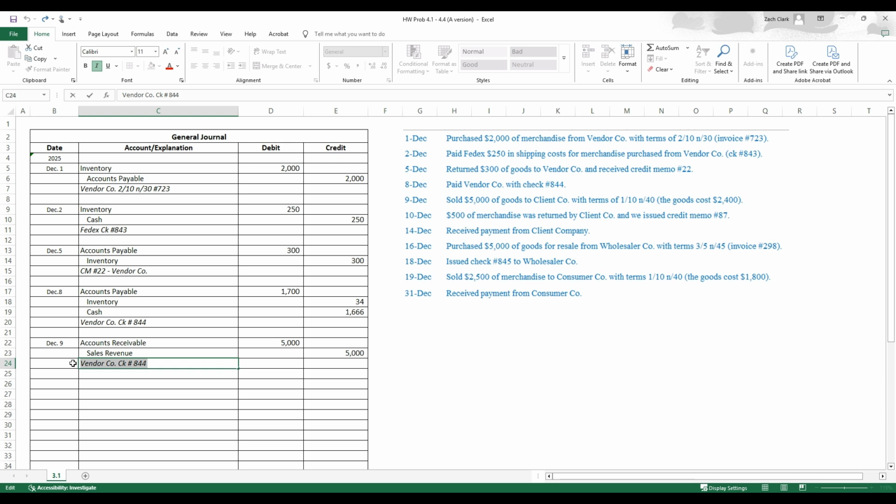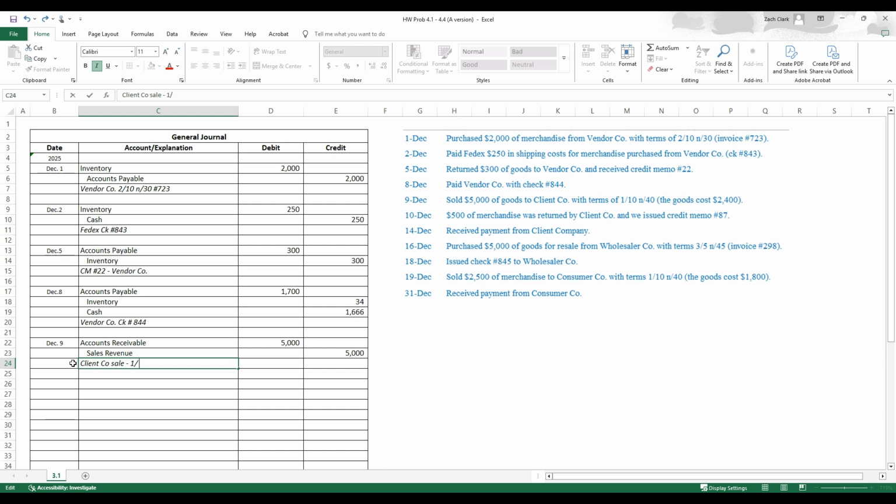But remember that any sale has 4 lines to it. Whether you combine those into 1 journal entry or 2 doesn't make any difference, really. And I'm just going to do it separately. I think it's a little more visual for you all to see the 2 different pieces. And we'll say sale. Client co sale.